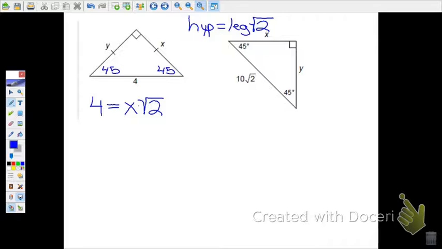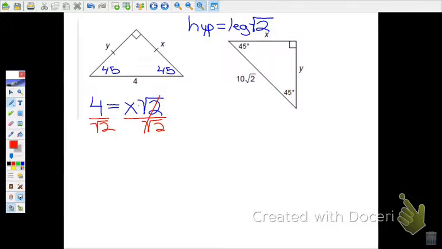How am I going to get rid of that square root of 2? If I have something being multiplied with an x, how do I get rid of it? I divide by square root of 2. So the x is by itself. Okay? So I have 4 over square root of 2.